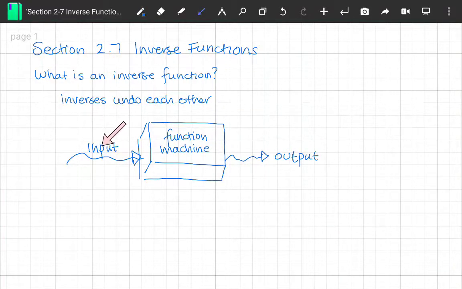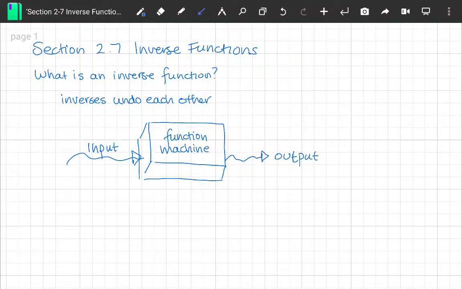Typically, we say you put x into the function machine, and your output is f of x. Your inputs are the x values, your outputs are the y values. You put something from the domain into the function machine, and your output is something from the range. So that's the idea of the function machine.